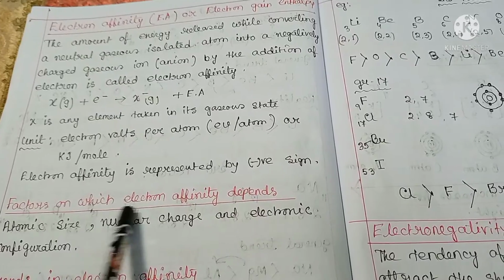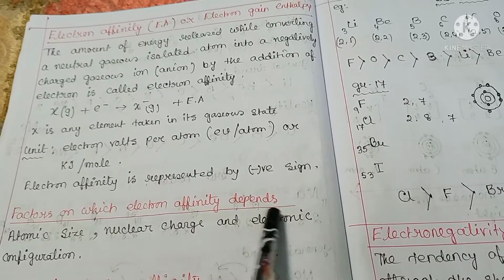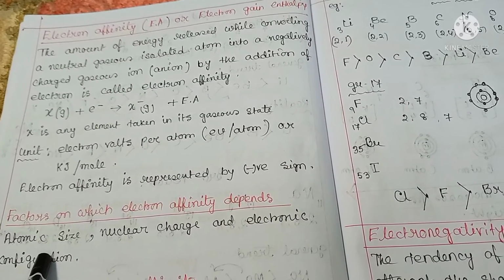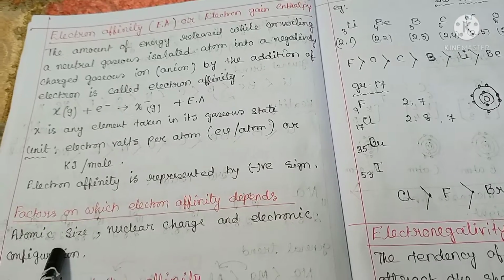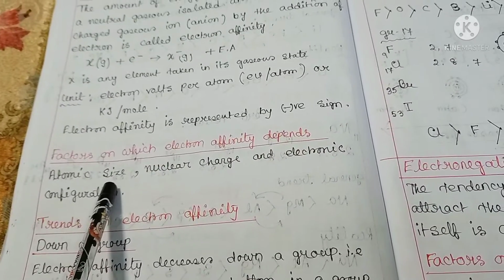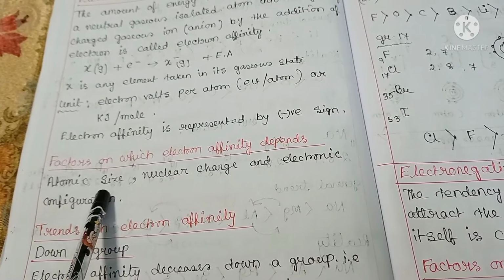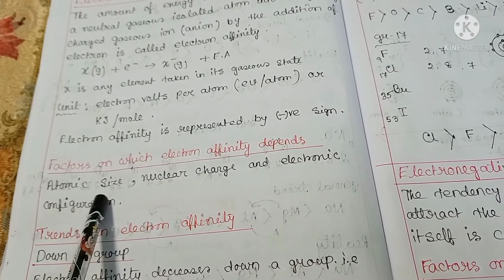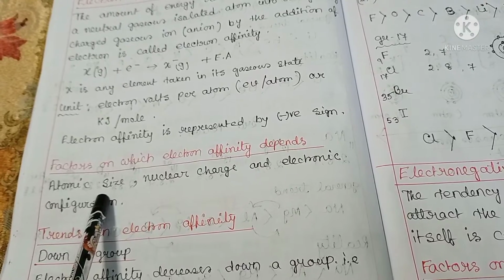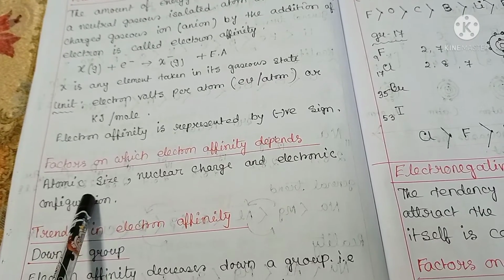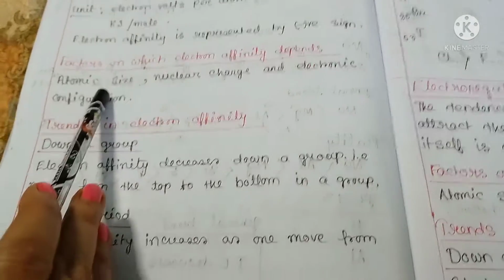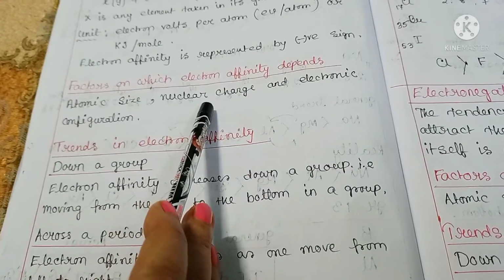And the factors on which electron affinity depends: atomic size. First, the smaller the size of the atom, the stronger is the attraction of its nucleus for the electron to be added. Thus, the smaller the size of the atom, the greater is the electron affinity.